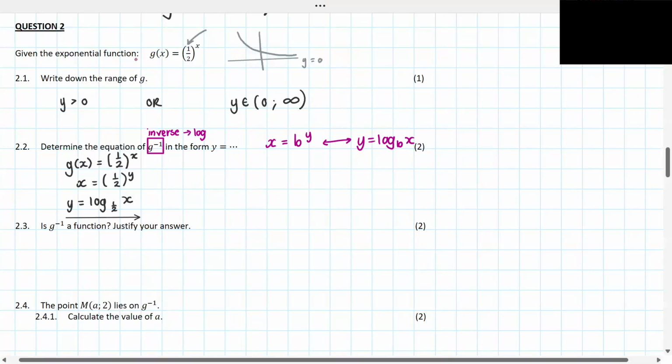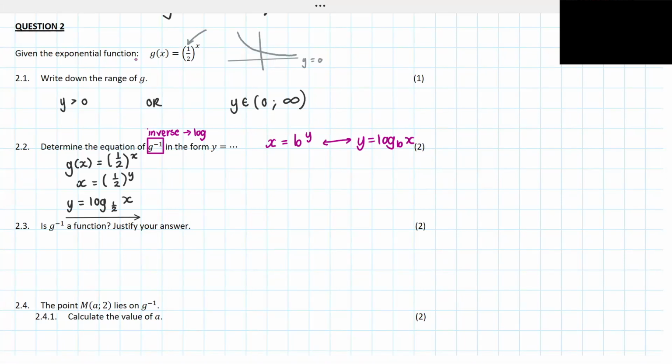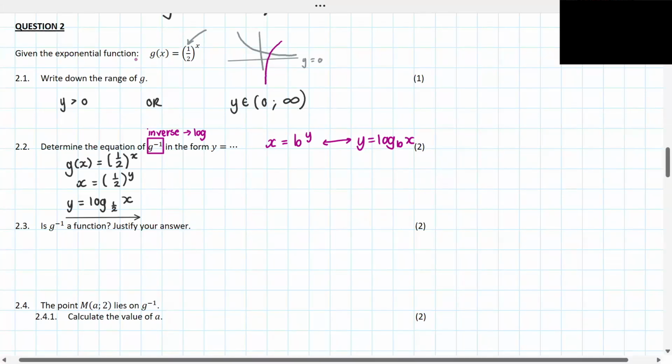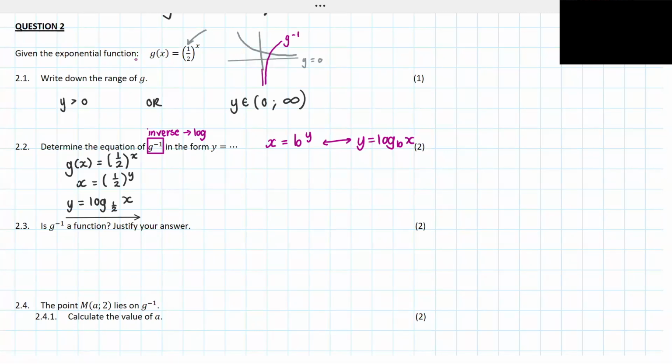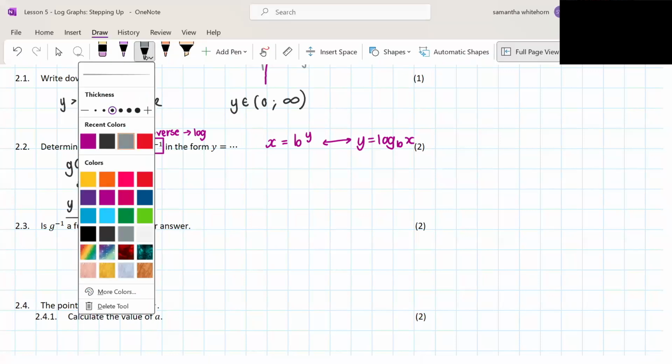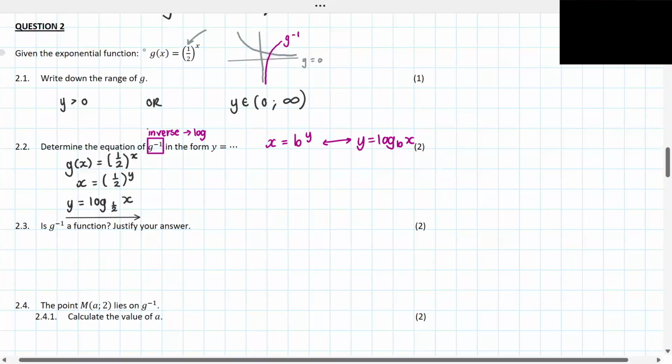If it helps, if you go back up to the sketch that I drew earlier, this is not going to be the most beautiful looking function, but that would be your inverse function there. So that purple graph that I've drawn would be the inverse. And so again, guys, use a sketch. Tell me whether or not you think that's a function.